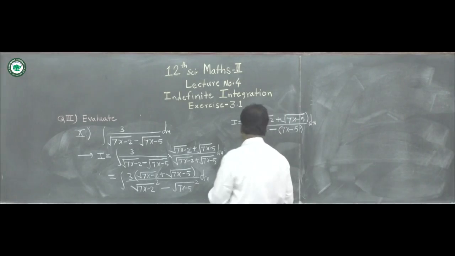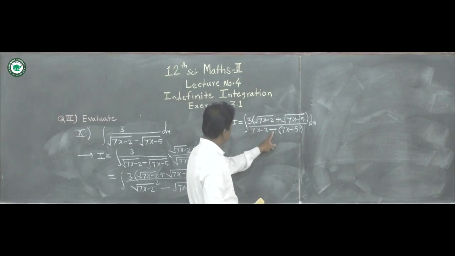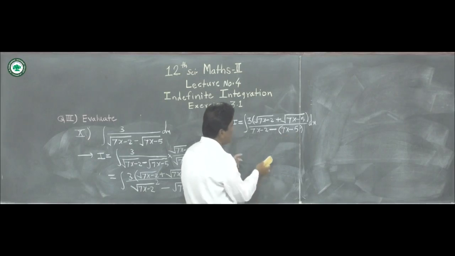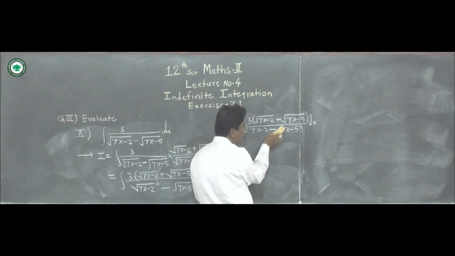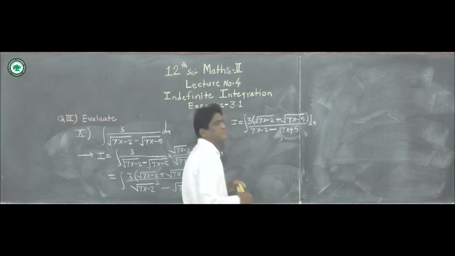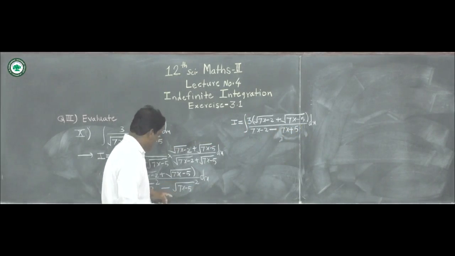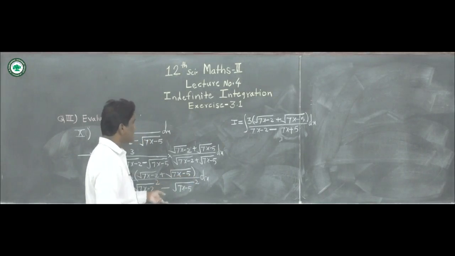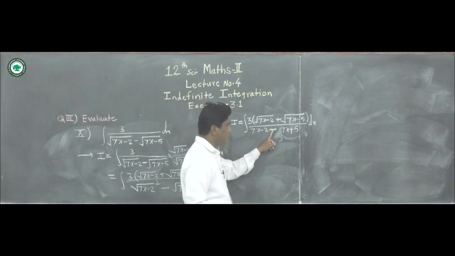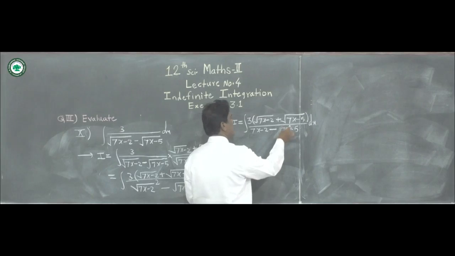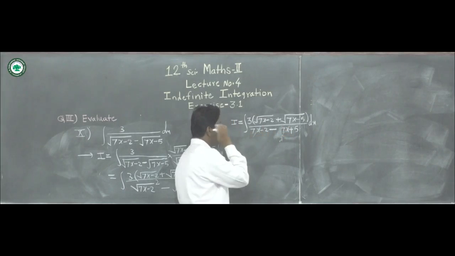Now see here, because of this minus sign, the signs of 7x and 5 change. So we take directly minus 7x and plus 5. We remove that bracket and we get minus 7x plus 5. Now this minus 7x and plus 7x get cancelled.